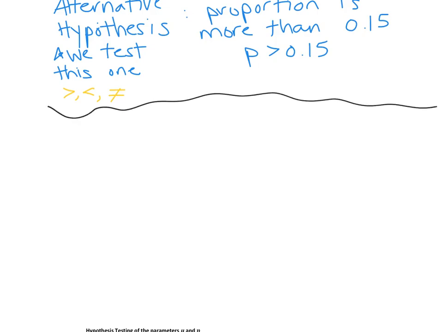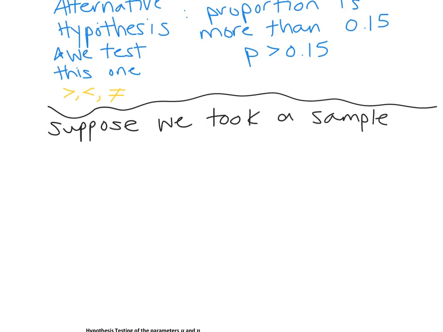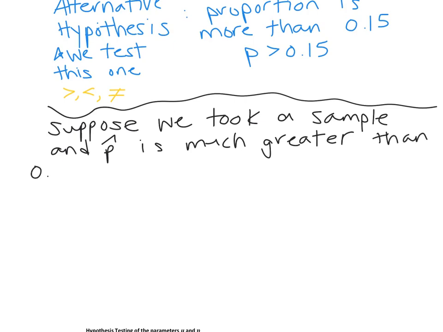Okay, so what we did, and it's important that we understand this because this whole process is going to be expedited very much in the upcoming sections, suppose we took a sample and p-hat is much greater than 0.15, so much so that it's considered an unusual event.